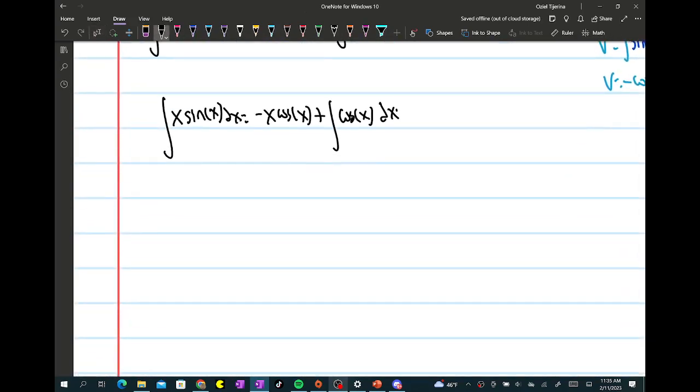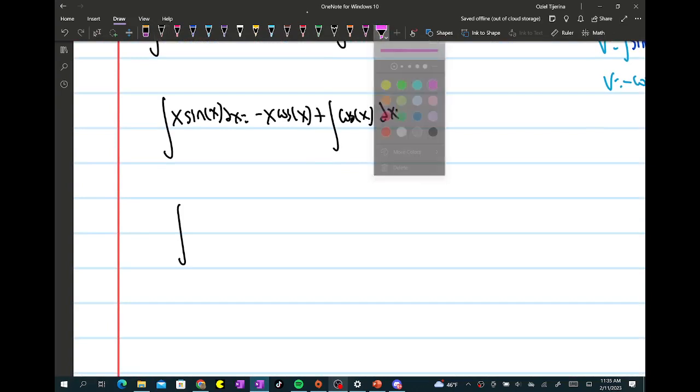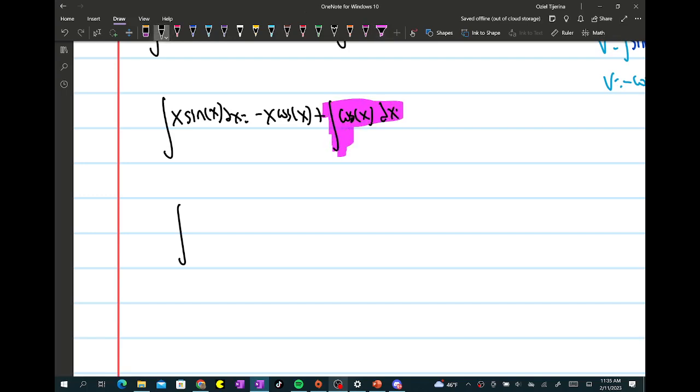Now obviously we know what the integral of cosine of x is. If you don't know your integrals for trig, I would recommend that you memorize them, or if you don't have a reference, that you know the derivatives and find the integral using those.